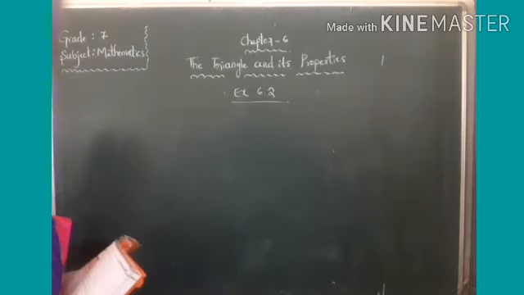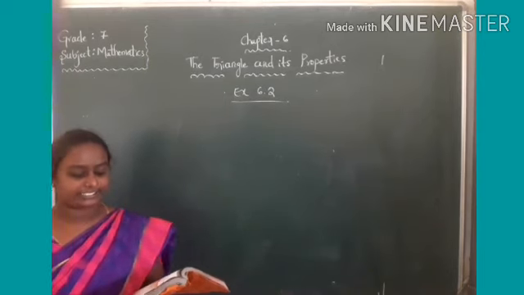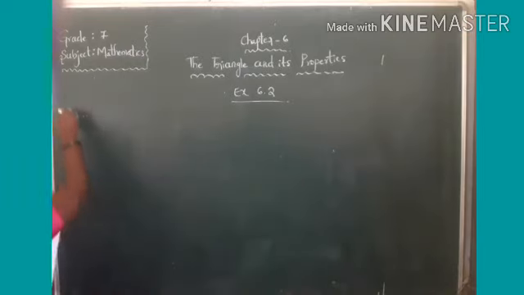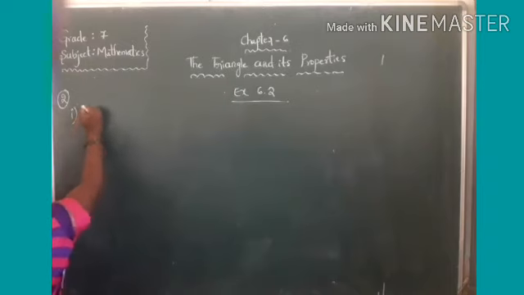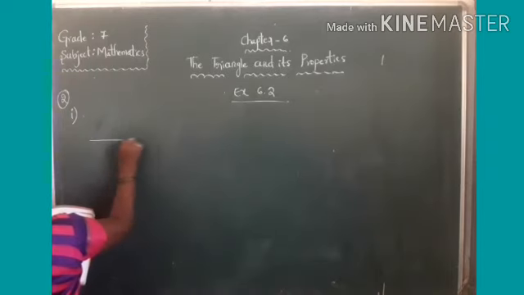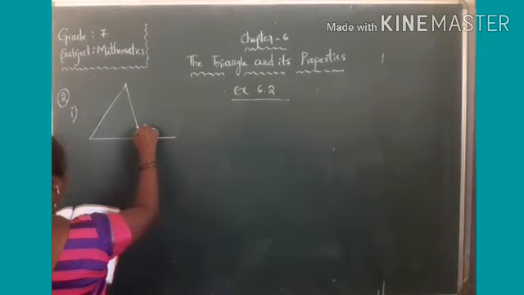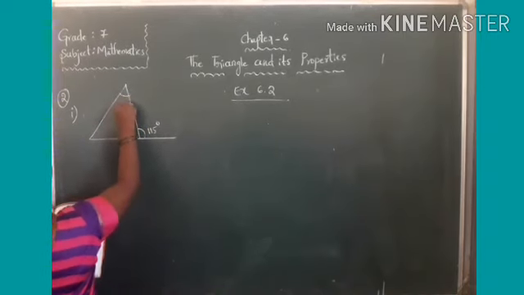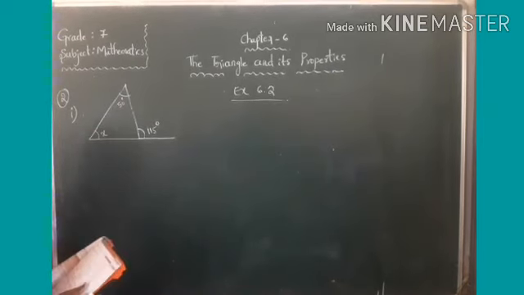Okay children, so next come to the second problem. Find the value of the unknown interior angle x in the following figures. Same problems here, but you have to find an unknown interior angle. From figure A, the exterior angle is 115 degrees and the two interior angles are 50 degrees and x.